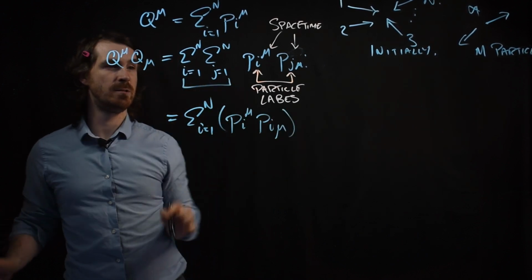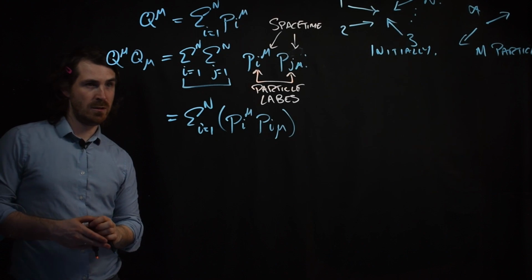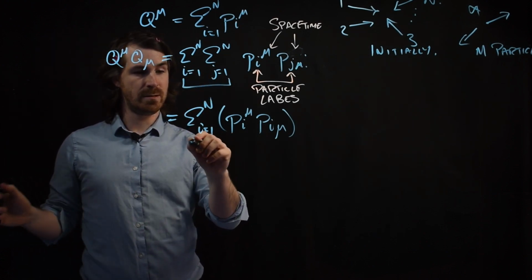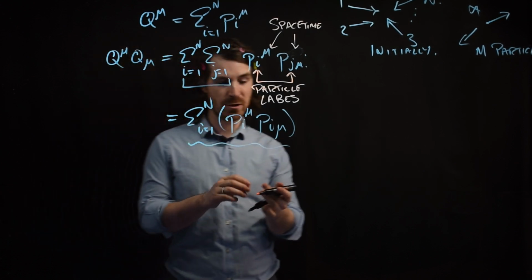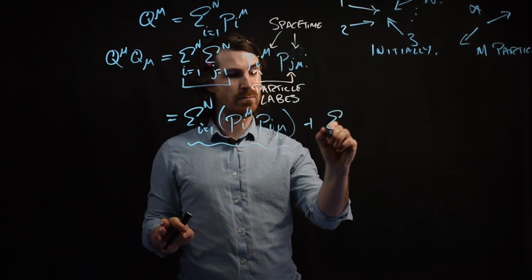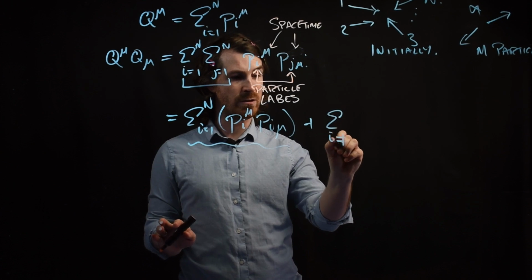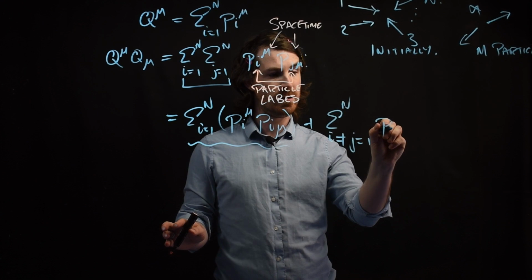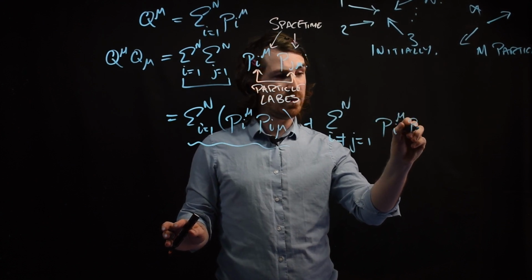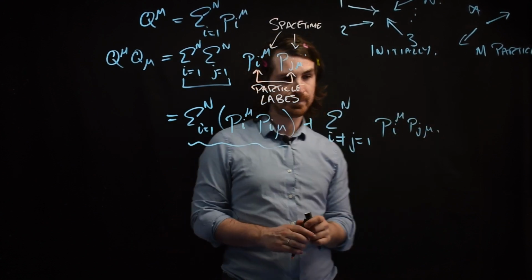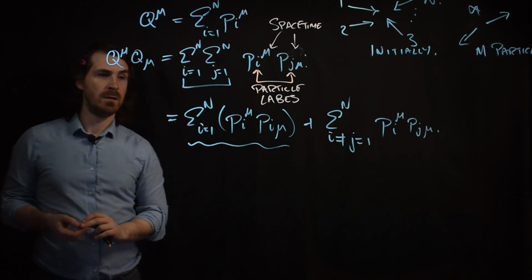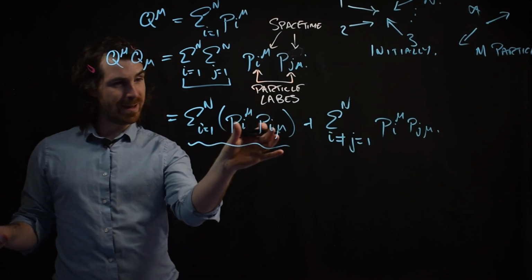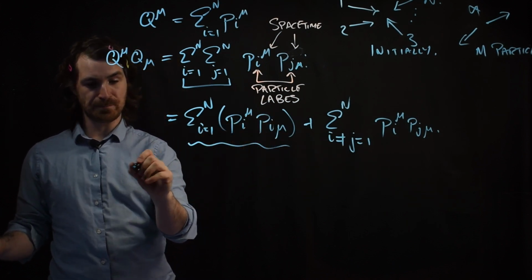So this sum splits up into terms that have i equal to j, and that's this thing, and then it has the cross terms, plus the sum i not equal to j from 1 to n of p i mu p j mu. But p i mu p i mu is the length of the ith four momentum.